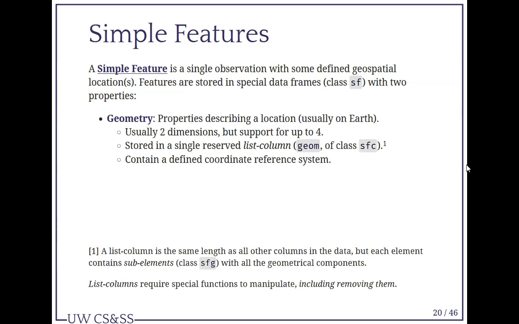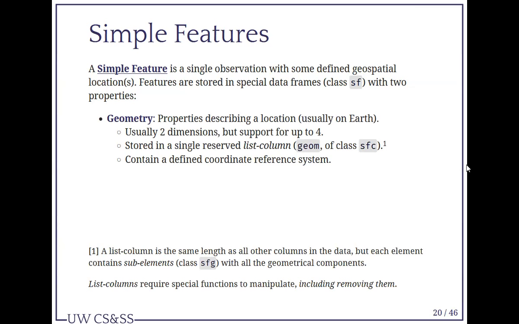One of the properties of these is the geometry. These properties describe a location that's usually on Earth. It's usually 2 dimensions, but it can support 4. I was racking my brain to think of a thing that I would need to map in 4 dimensions, and I cannot. I don't know what that means, but I've read the help files. I know that it can do it.